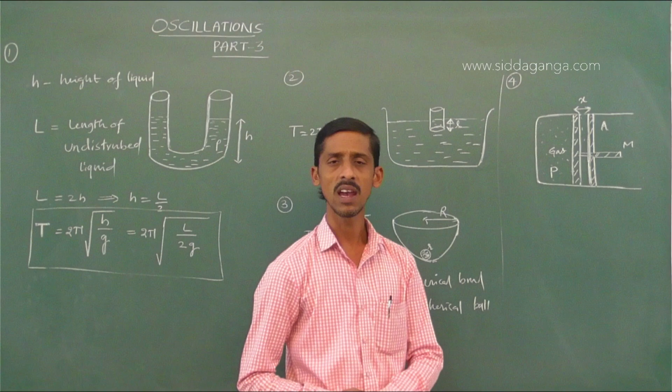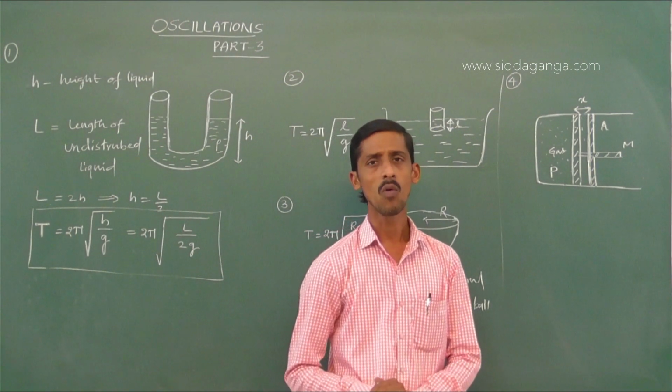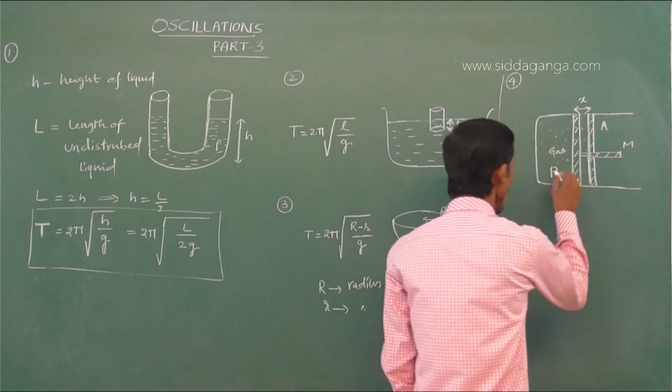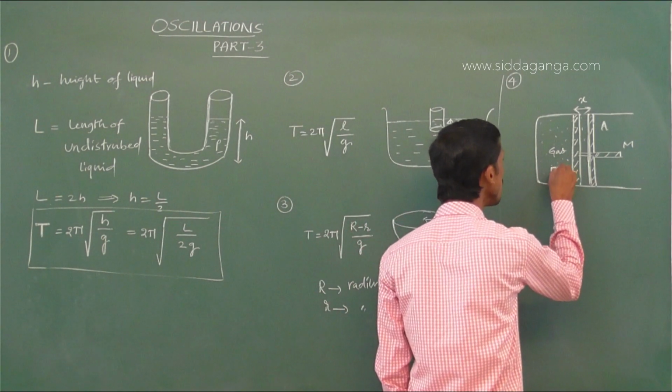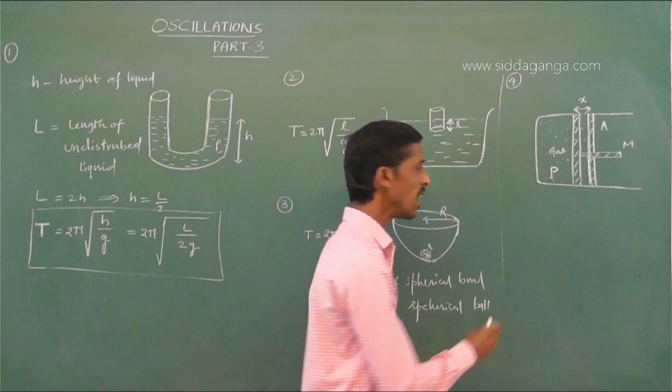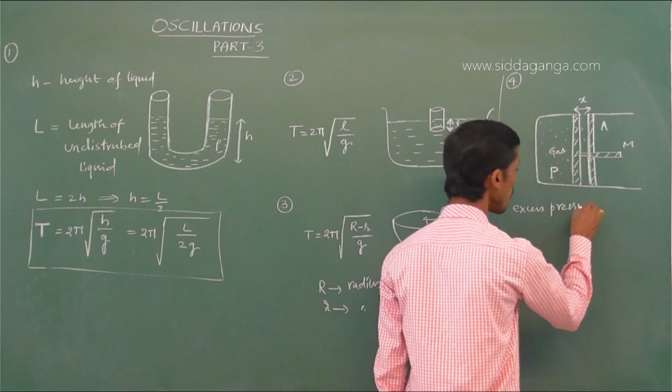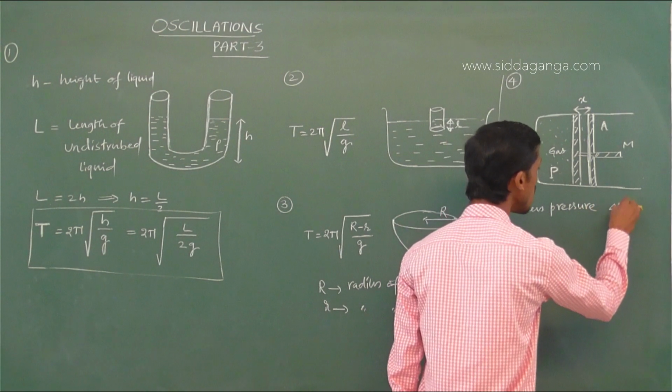Pressure increases, volume decreases. Whatever change in pressure takes place is the excess pressure, delta P.